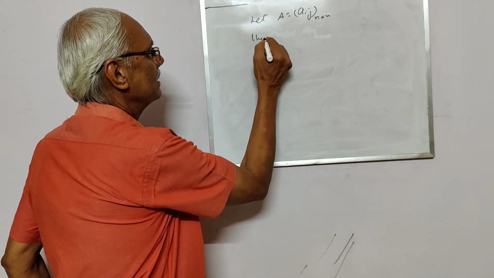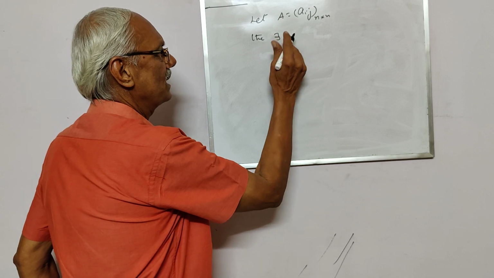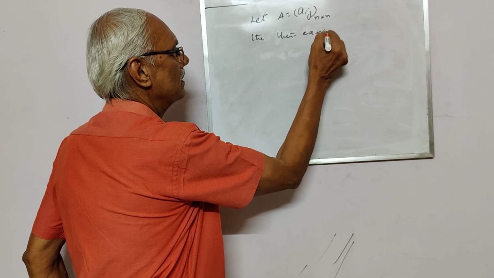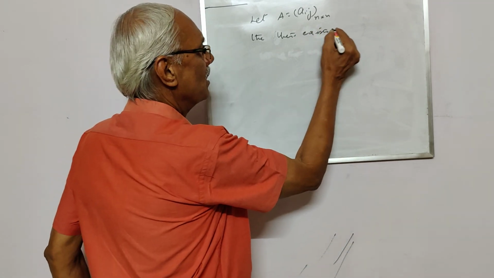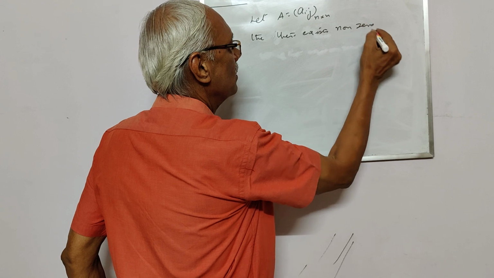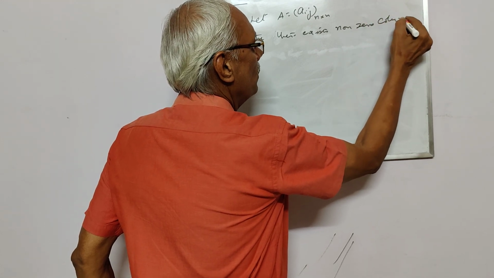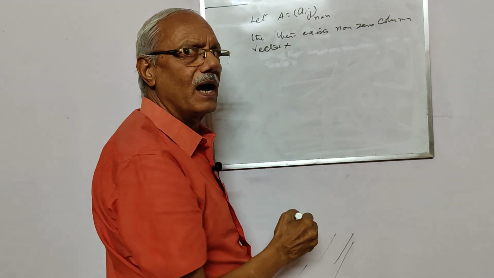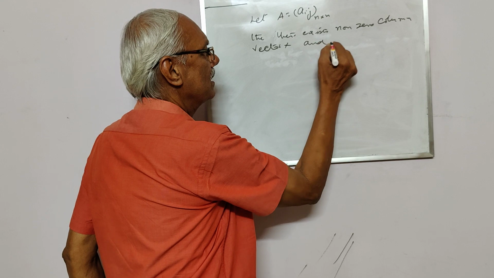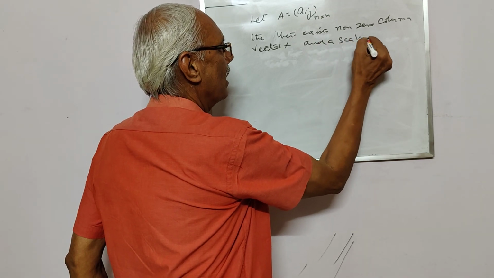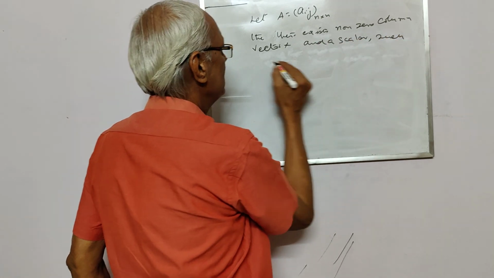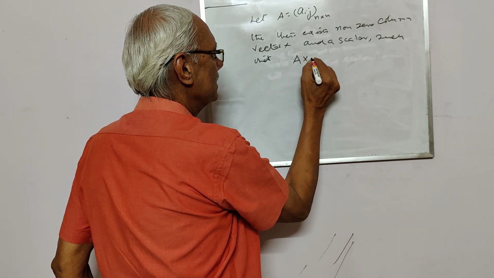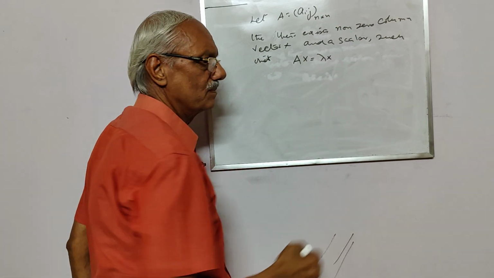Then there exists a non-zero column vector x and a scalar lambda such that Ax is equal to lambda x.